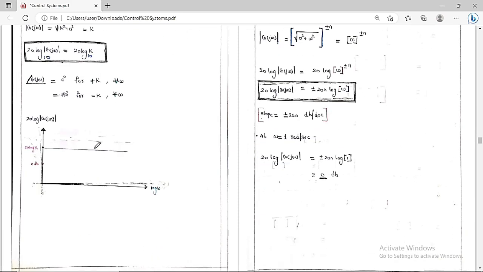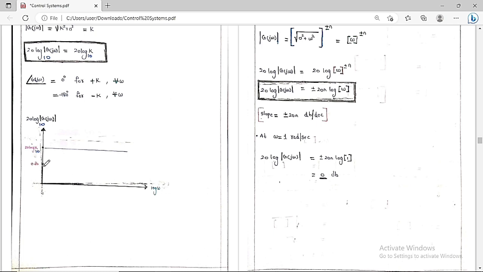I am going to draw only the magnitude part. You can see clearly that 20 log of the modulus of G(jω)H(jω) with base 10 is 20 log k with base 10. Substituting this value, you are going to get a straight line for all the time, and the base is log ω.